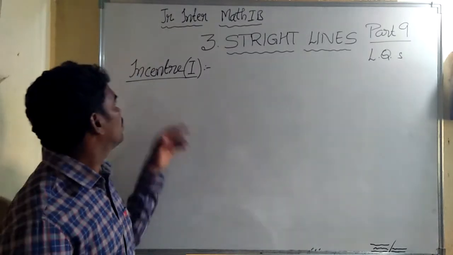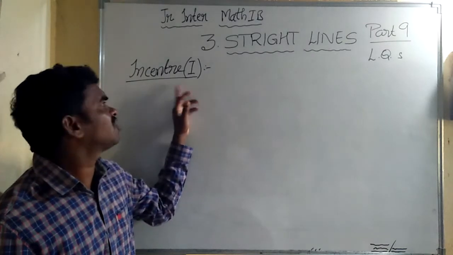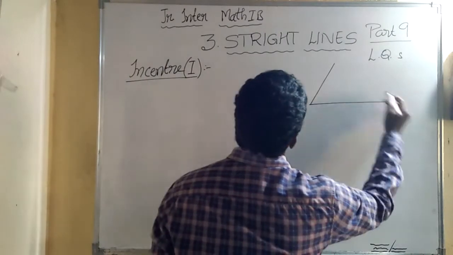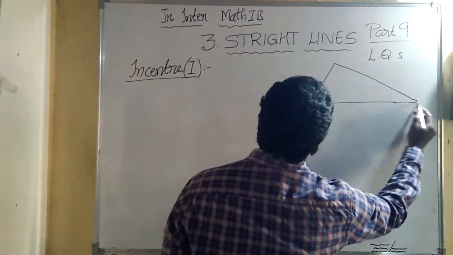Now in this class, we are going to learn what is Incentre. Incentre is denoted by capital I. Suppose a triangle ABC is there.